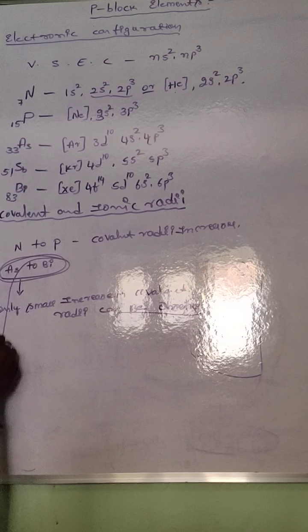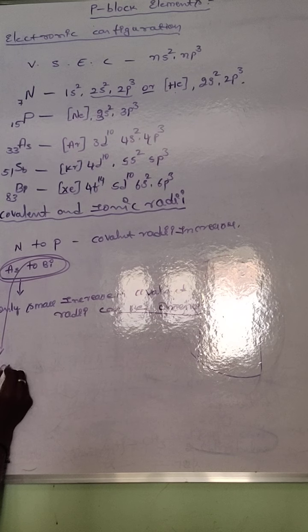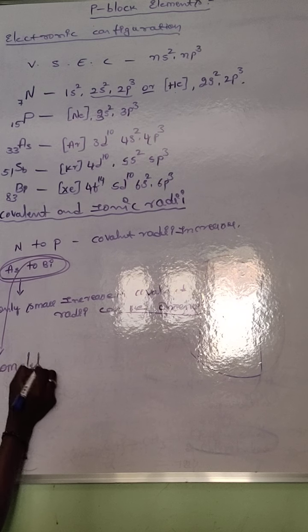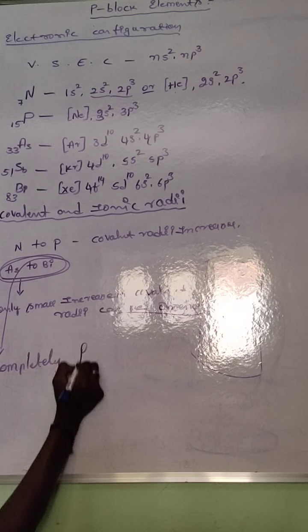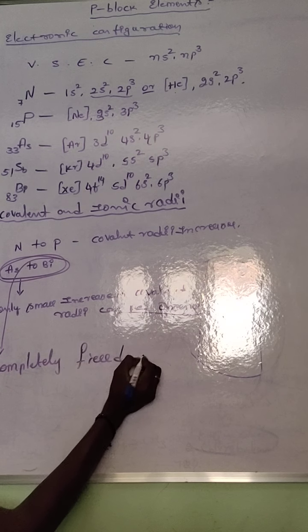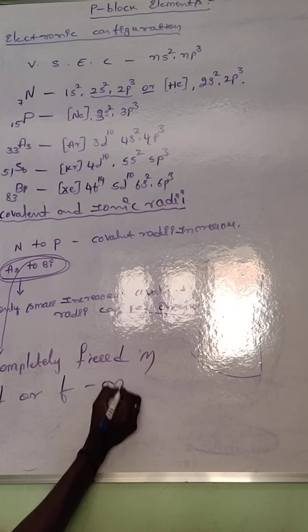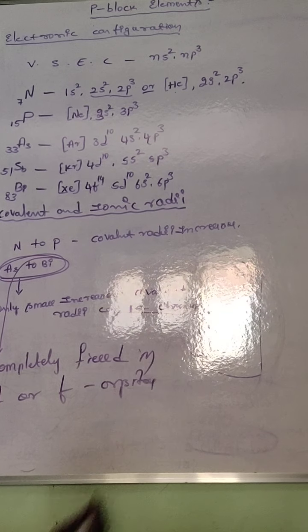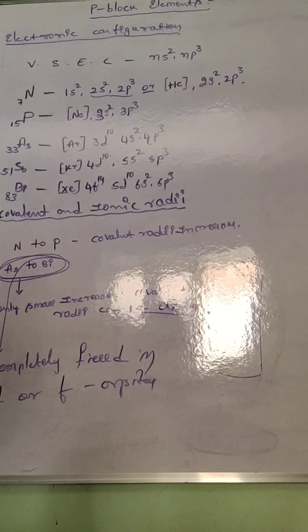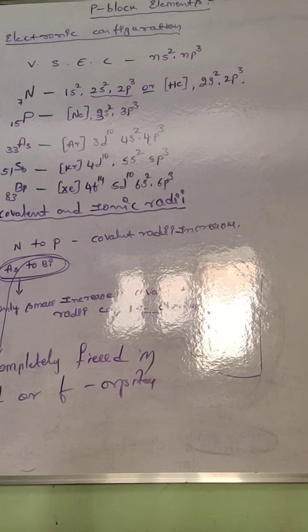Arsenic, antimony and bismuth have completely filled d or f orbitals. That's why only a small increase in covalent radii is observed from arsenic to bismuth.